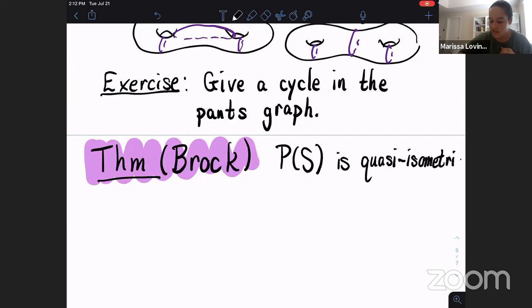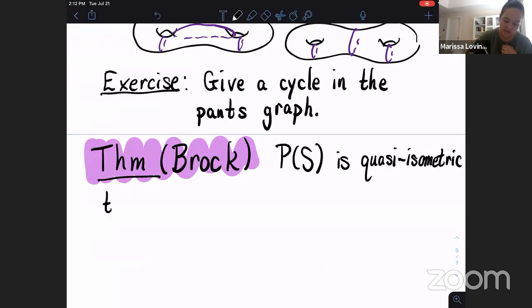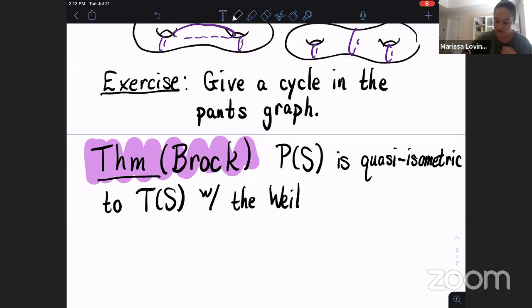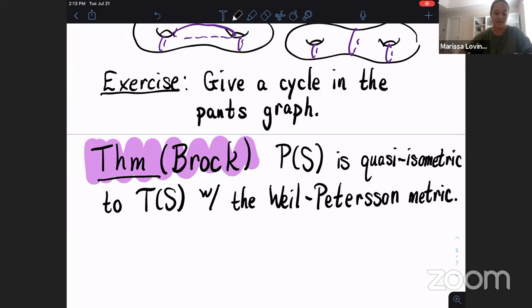So he showed that this is quasi-isometric to the Teichmüller space of our surface, equipped with the Weil-Petersson metric. I'm never sure quite how to say that. So there's a bunch of different metrics that we put on Teichmüller space that are interesting to study. But one of the reasons that this is nice is because it gives us this relationship.